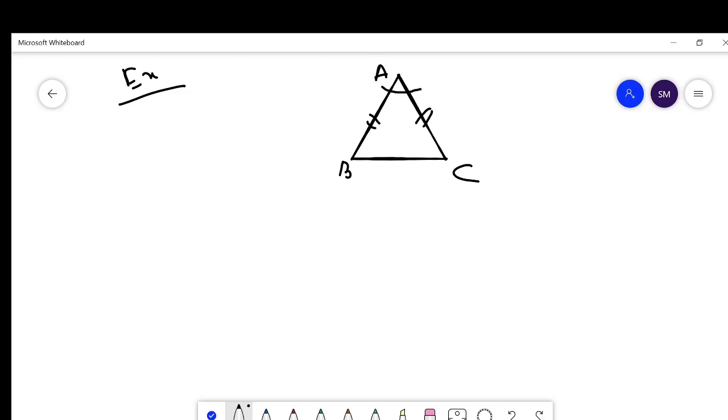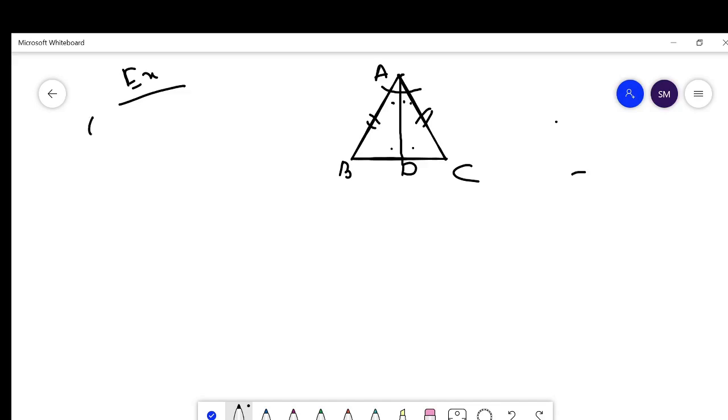The vertical angle bisector bisects the base at right angle. Suppose AD is the angle bisector. Angle bisector means this angle is equal to this angle. Then we have to prove that AD bisects BC, meaning BD is equal to CD, and angle ADB and this angle are right angles.